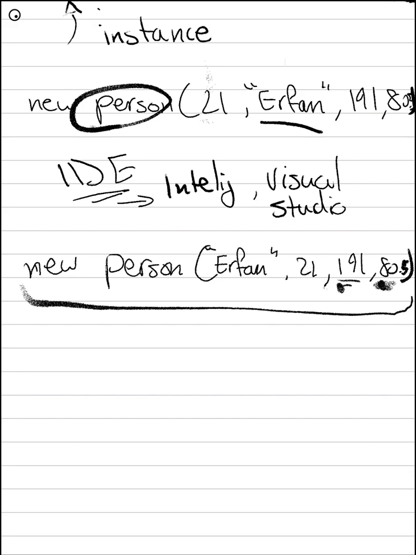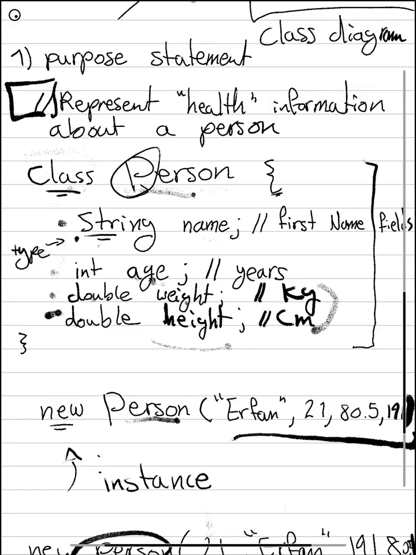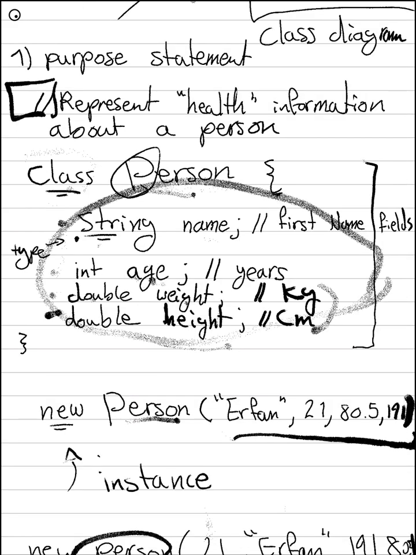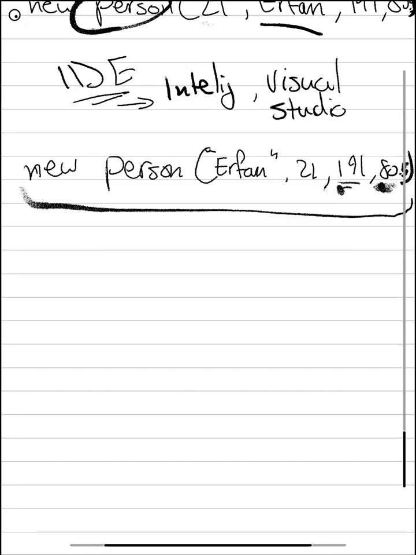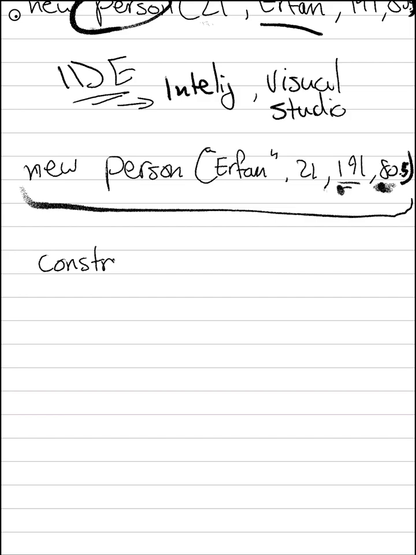Now, how can we actually create this new person? Java needs this other part. So when we have the fields here, underneath it, we need to also have a constructor. A constructor basically says, when you give me this, I will actually create a person.